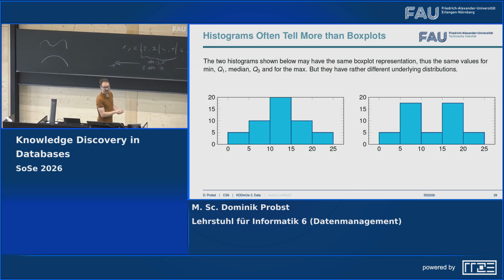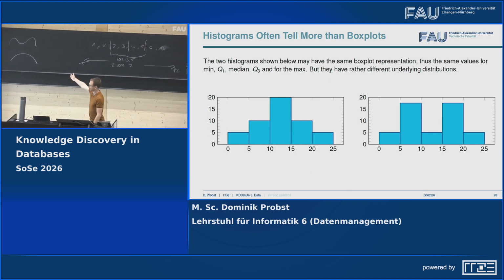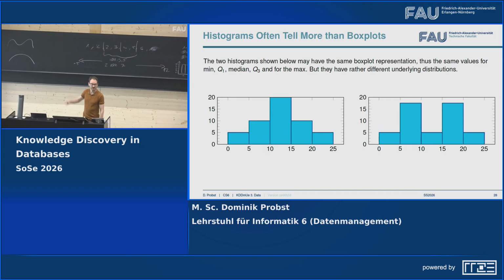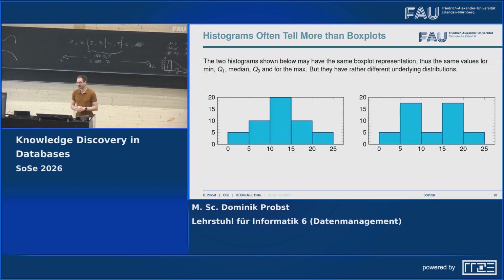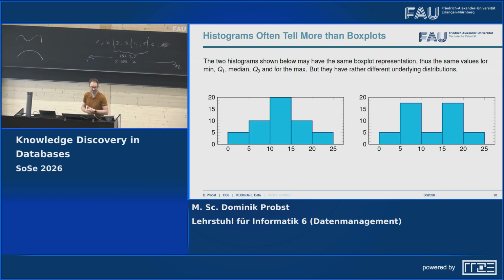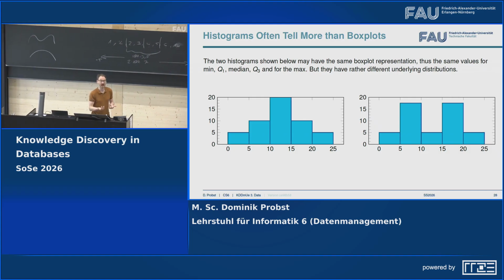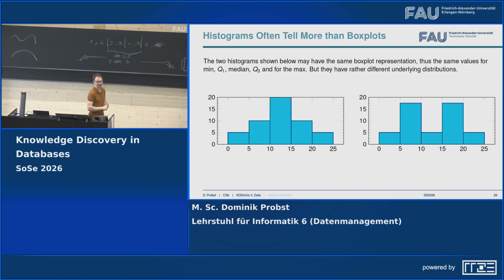The good thing is that, as I said here already, histograms tell us a lot more than box plots in many cases. Depending on the amount of buckets we are using, of course. If we are using a low amount of buckets, we are losing a lot of information. If you're using a higher amount of buckets, then the histogram might be harder to read, of course.